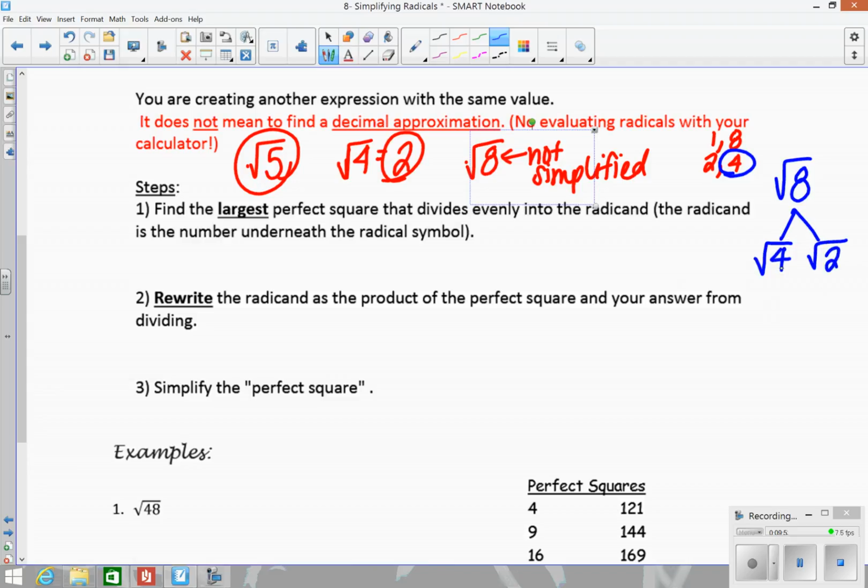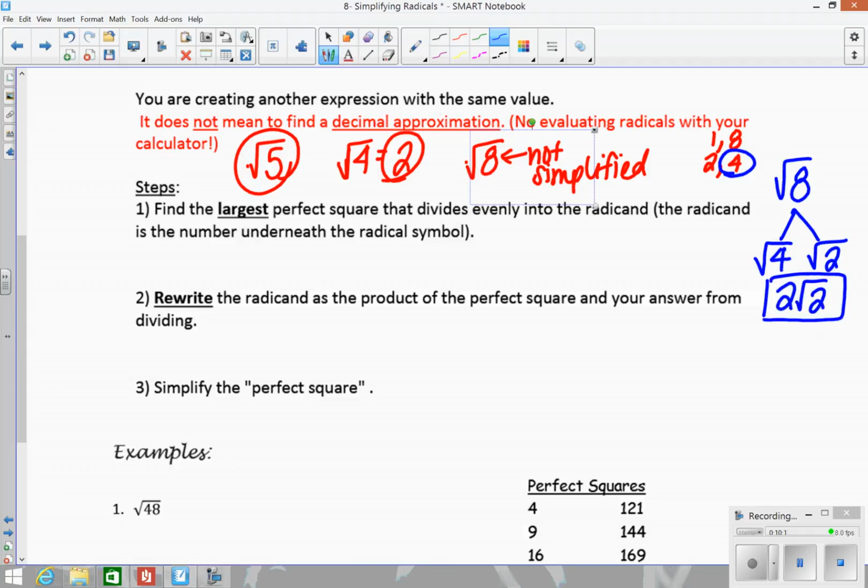Keep in mind, 4 times 2 gives me 8. Radical 4 times radical 2 gives me radical 8. So I'm not changing anything. But now, since I have a square root of 4 out in front, that's really just equal to 2. And then the radical 2 I can't break down. There are no perfect squares in the number 2. So it's just going to be left as the square root of 2.